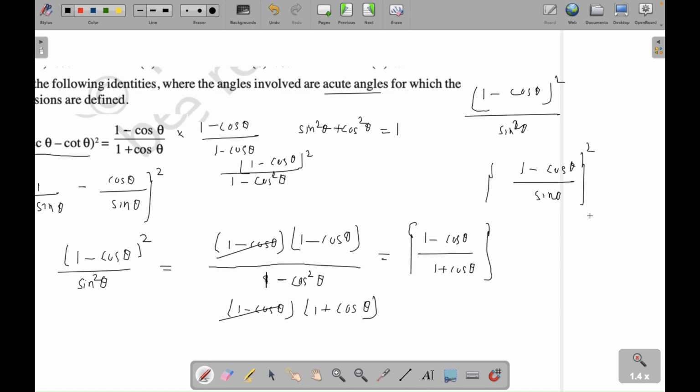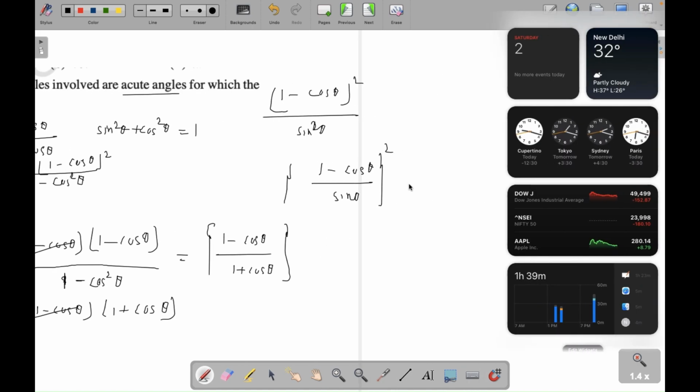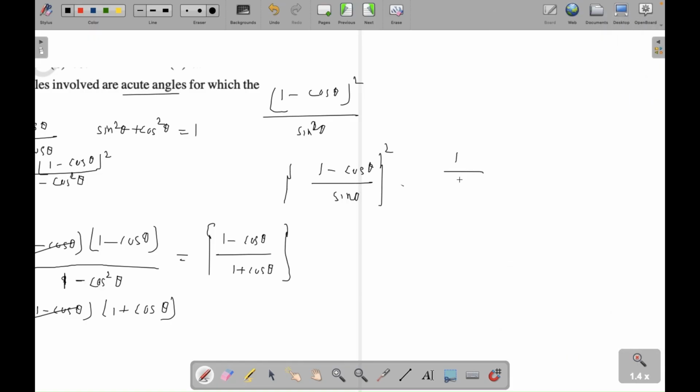And then this becomes 1 upon sin theta minus cos theta upon sin theta, whole square. And then this is cosec theta, this is cot theta.